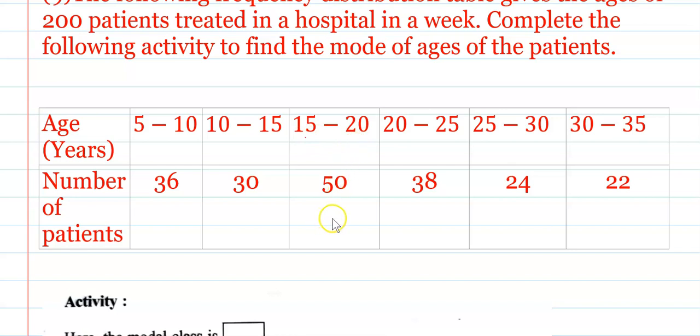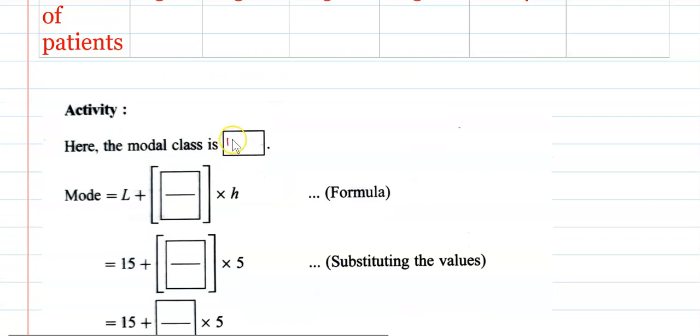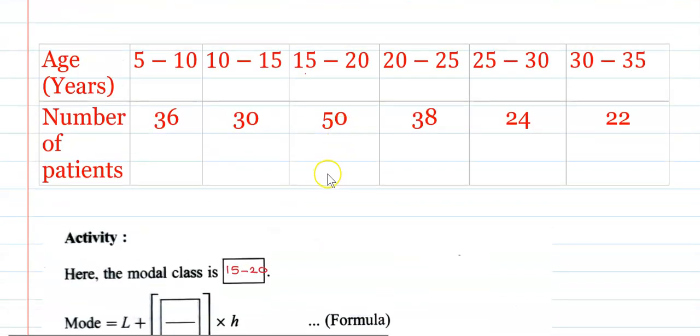The frequency is highest, therefore the modal class is 15 to 20. Now the mode. This is the L. Therefore, here we will write the formula. This is F1, here is F0, F2.